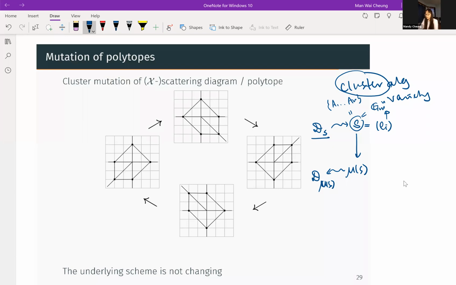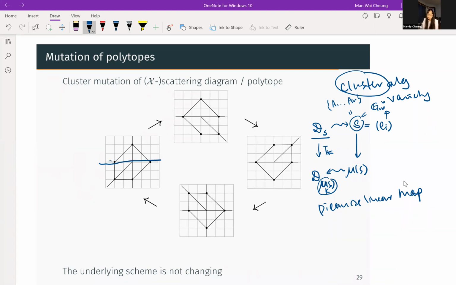And actually, when we mutate the seed, the corresponding scattering diagrams are not equivalent to each other, but they are equivalent up to a piecewise linear map.